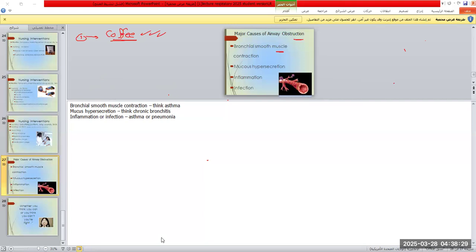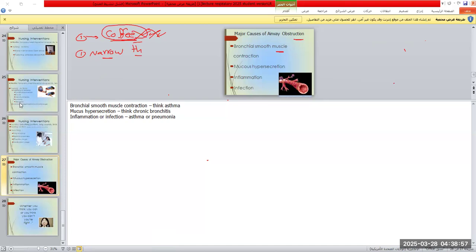In the exam, if she asks why we don't give it, choose the most important reason, which is the narrow therapeutic effect. We fear giving it to patients because they may get toxicity so easily.